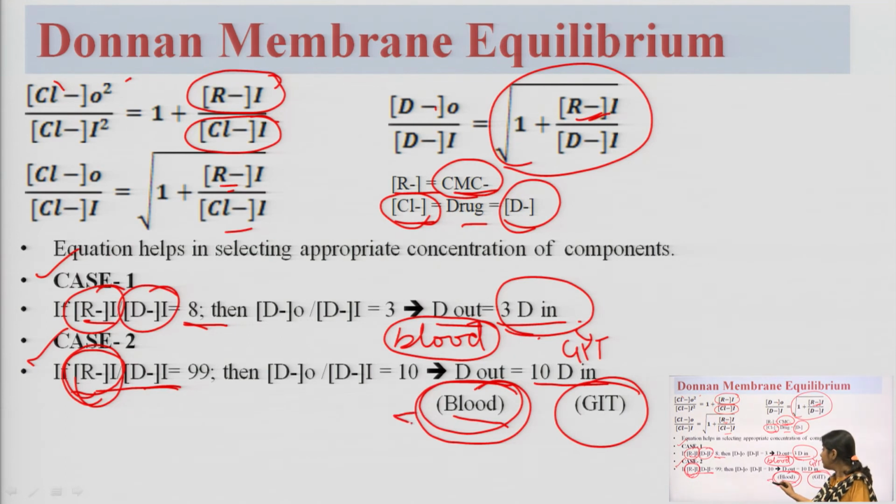So from this we can conclude that if we increase the amount of non-diffusible anionic polyelectrolyte in the GIT, then the amount of anionic drug absorbed from the GIT to the blood will increase. So this is your Donnan membrane equilibrium.